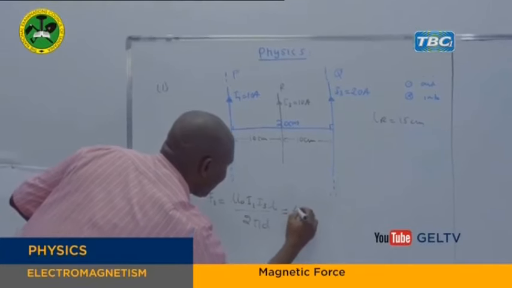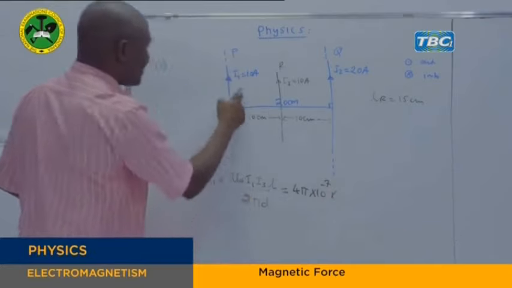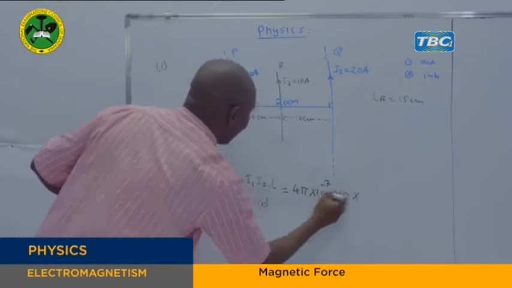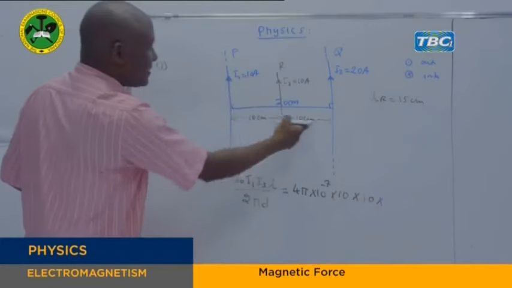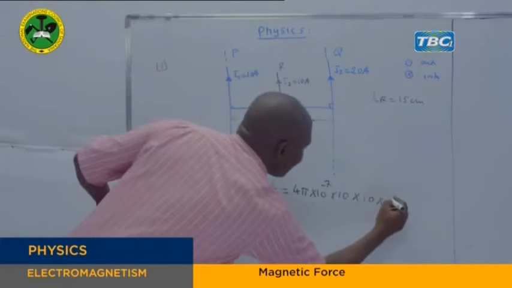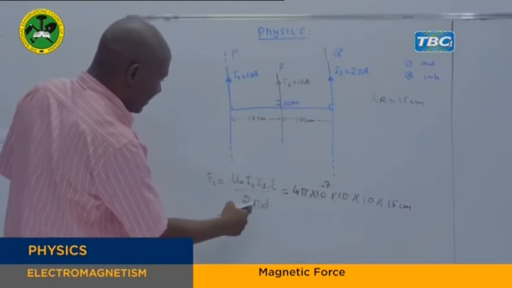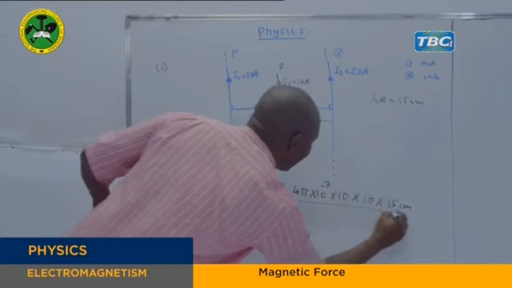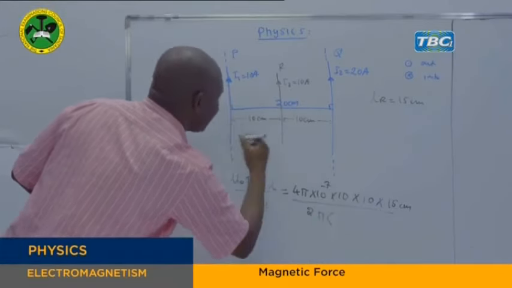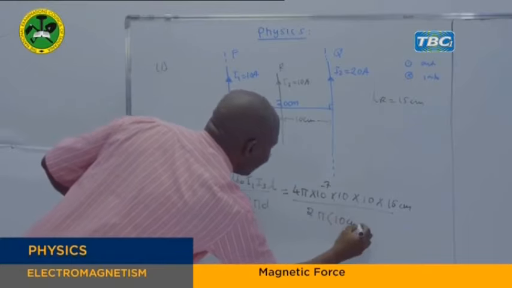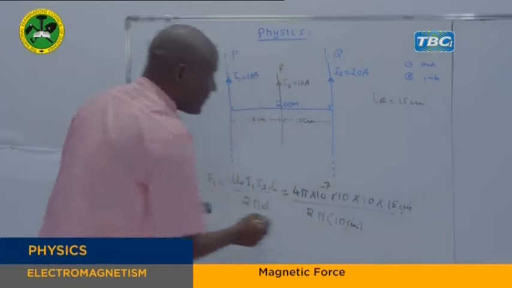Mu is 4 pi times 10 negative 7, times I1 which is 10, I3 which is 10, and the length of this wire is 15, over 2 pi times d, which is the distance here, 10. There's no need to convert into meters, because the centimeters cancel out here.